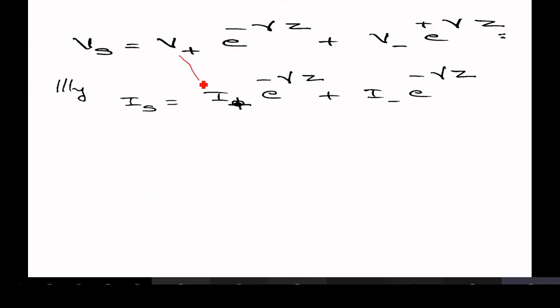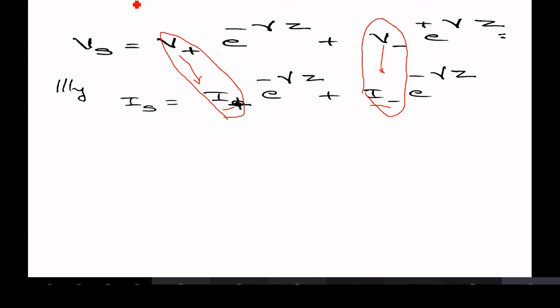In place of V plus we have I plus, and in place of V minus we have I minus. These are constants that we can find by substituting the initial conditions.